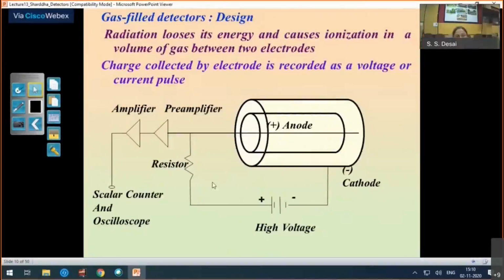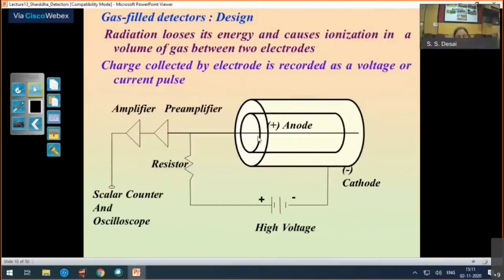Now, as I have told you, the advantage of gas-filled detectors is that they can be made of any large size, any size desirable, and we can tailor the hardware. So we have to start from how the pulses are formed within the gas-filled detector.